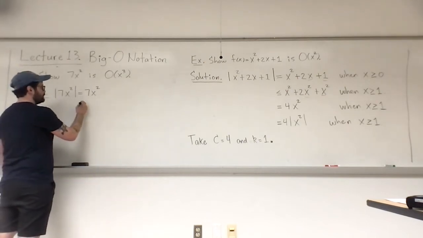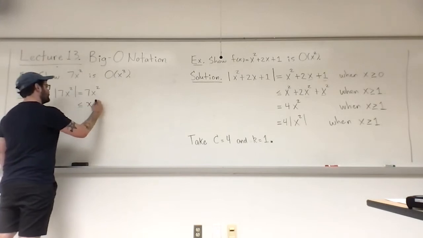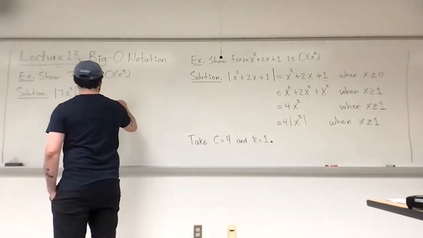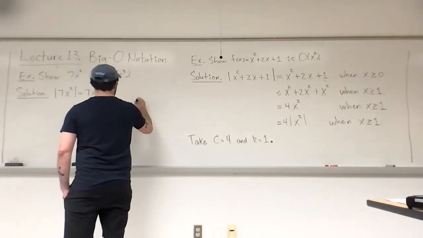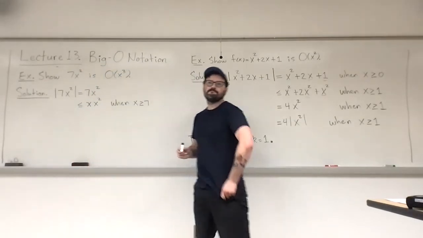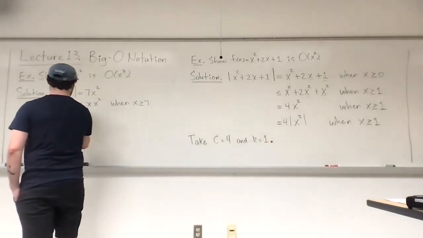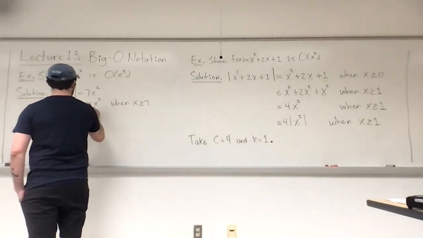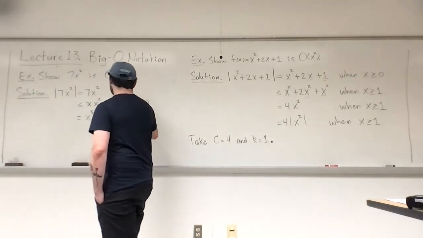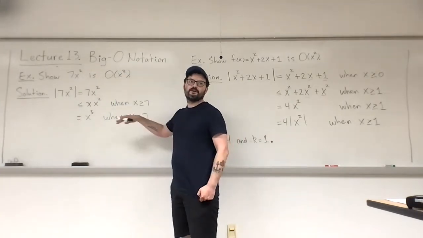But then this is at most x times x squared, whenever x is greater than or equal to 7. This is equal to x cubed. You don't really have to do this. I just like to keep track of this business on each line personally.